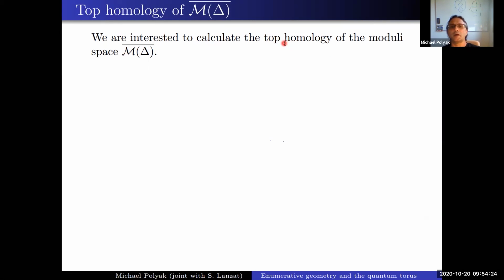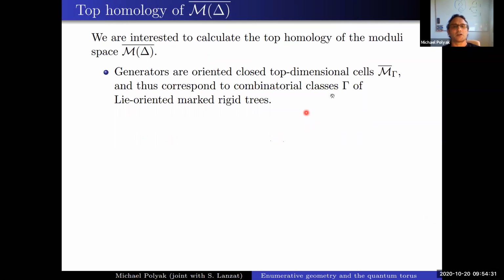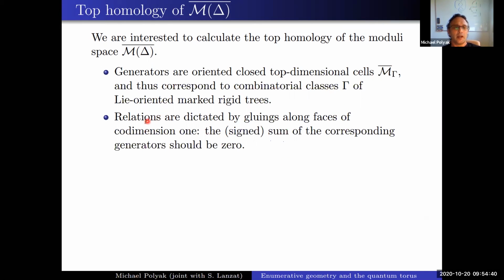And so we would like to know what the top homology is. Here I don't have any time, so I just tell you very fast about this. They correspond to combinatorial types of these rigid trees, and the relations come from gluings.